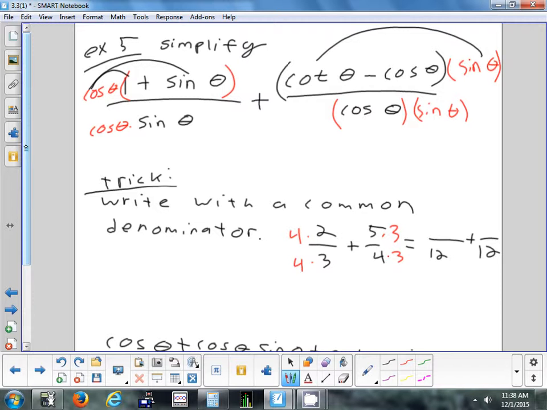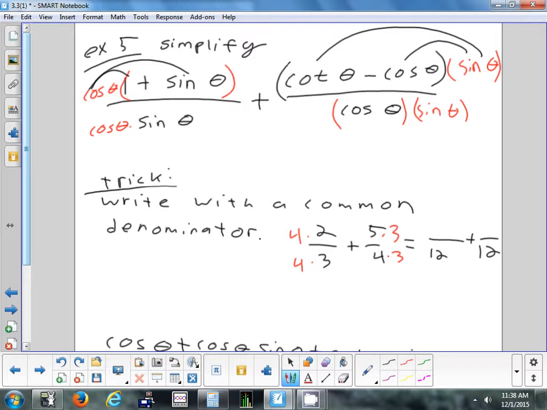And the last part, this is the part that made me decide I should distribute it out. I have another cosine times sine. But what is it this time? It's negative. What was it last time? Last time it was a positive times a positive. This time, positive times negative. When that happens, things cancel.